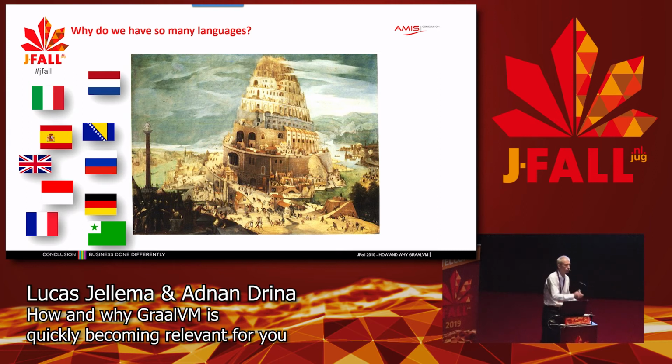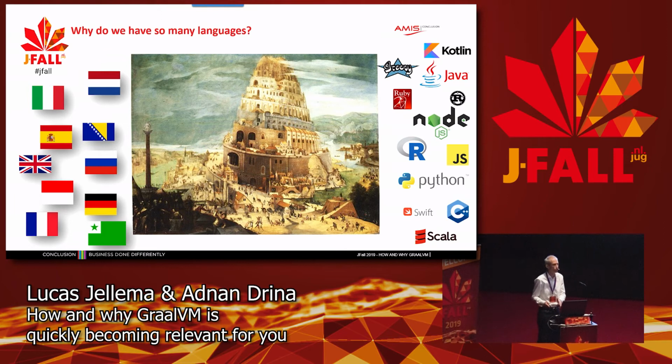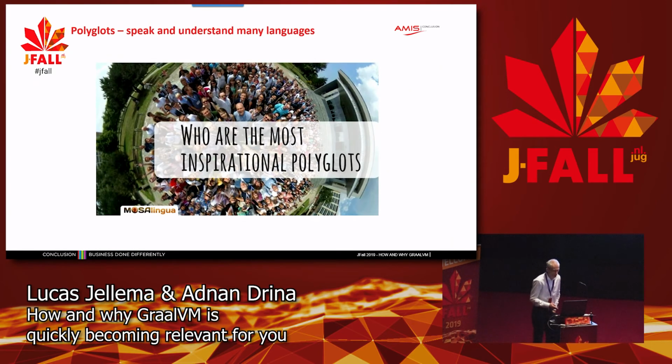There are cultural, historical reasons. We don't want to learn necessarily a new language if we already know one. And some languages are better suited for certain purposes, like poetry or laws, than other languages. And of course, in IT, we have the same situation. We have many languages. There are reasons for their existence. Maybe not all of them are still valid, but hey, they are here, and we better deal with them.